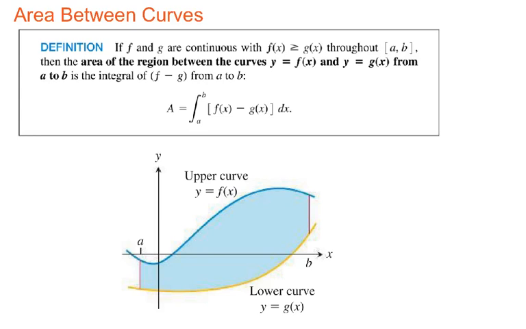As long as we have a curve, f, say, that is constantly above g on our interval from A to B, then we can say that the area of the region between the two curves, considering we have an upper curve on top and a lower curve on the bottom, above and below, is found using those same bounds from A to B, except that we have the upper curve minus the lower curve.